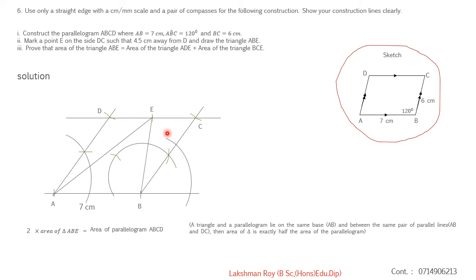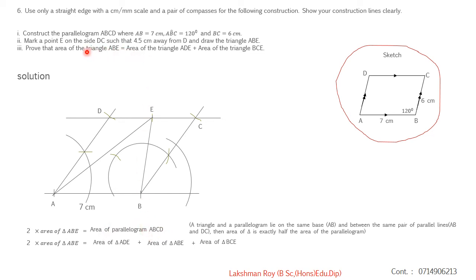That is the total area of the parallelogram, so I'll use that one. So 2 times area of ABE triangle, you can write area of ABE triangle plus area of ABE triangle plus area of BCE triangle, and that is equal to the area of ABCD parallelogram.